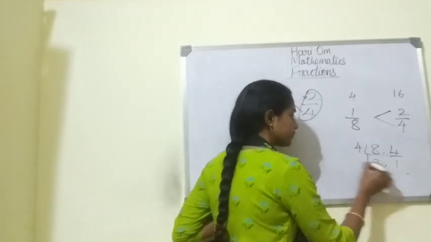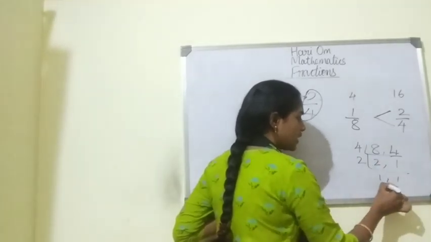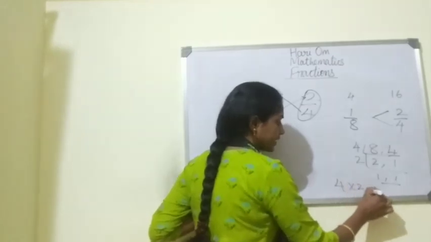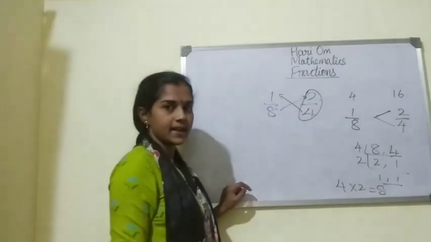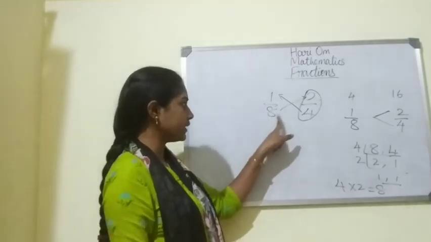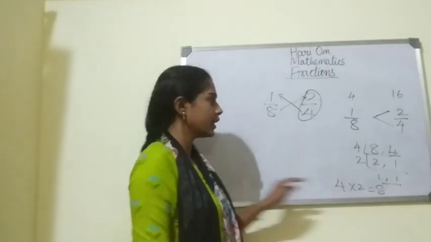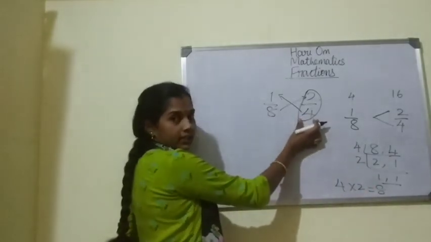Again, 2 ones are 2. So it is 4 into 2, which is equal to 8. So for 8 and 4, 8 is the LCM. 8 will be the denominator.